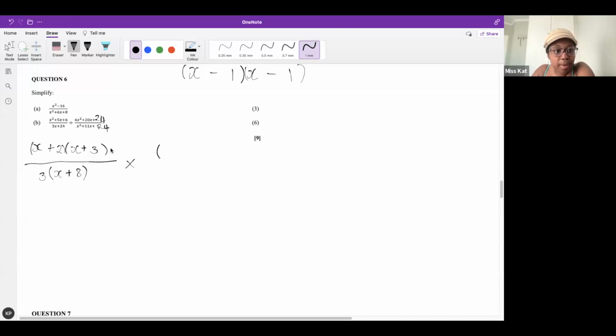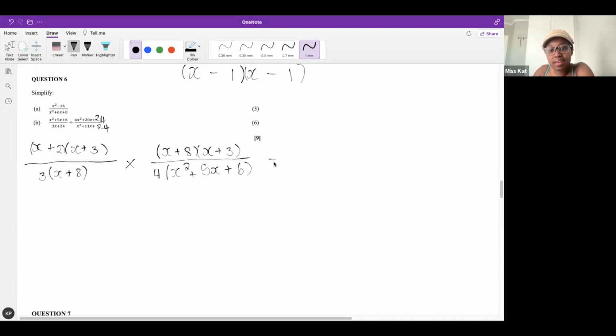And then at the top, x squared plus 11x plus 24 can be factorized to x plus 8 and x plus 3, divided by, first we have a common factor of 4, right? So it's going to be 4x squared plus 5x plus 6. Okay.